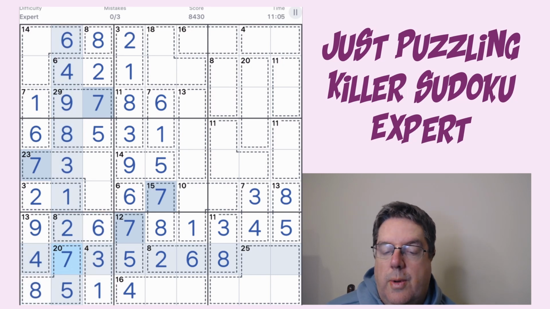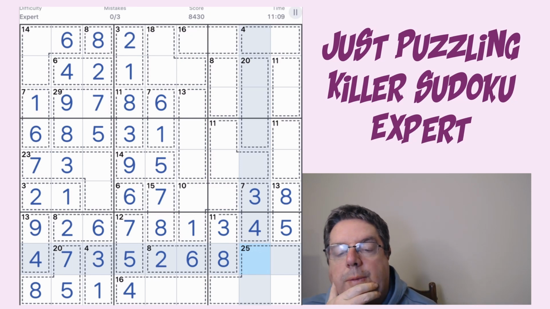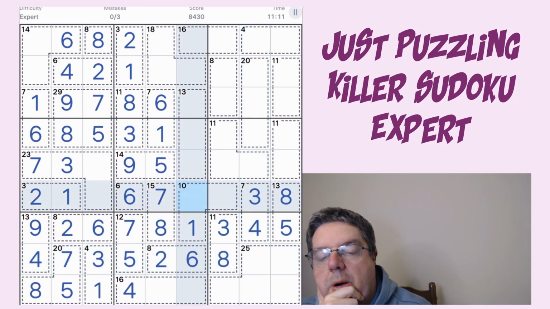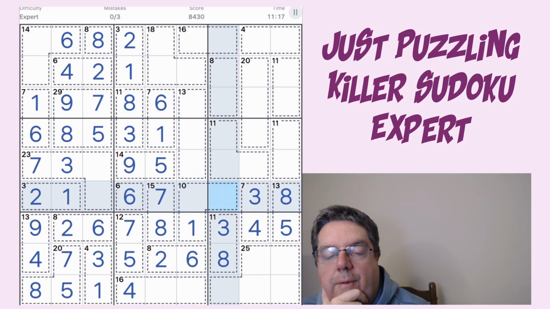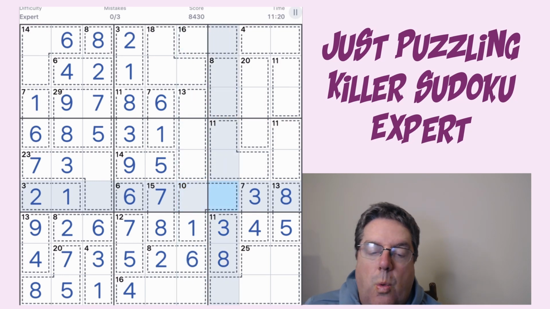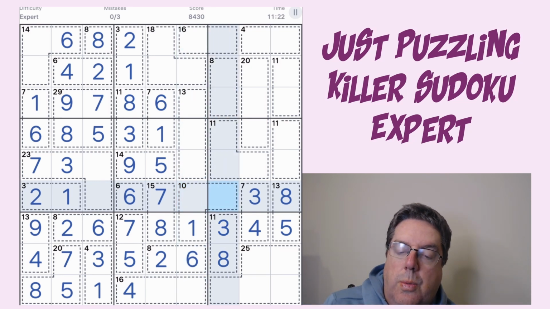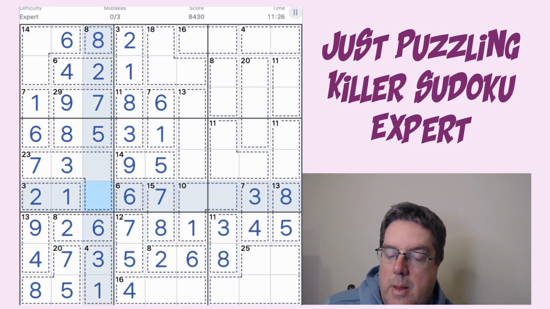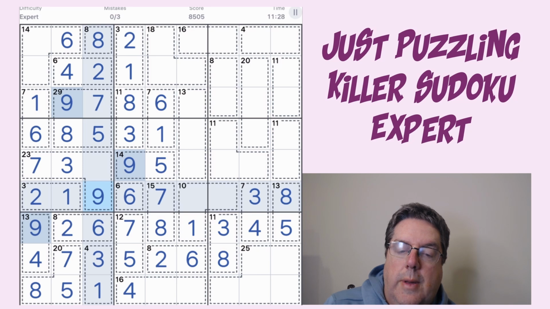So 1, 2, 3, 4. So this is 1 and 9 across here. For this to be 9, it can't be 1 because that's there. Can't be 2 and 7. Can't be 6 and 3. So this is 5 and 4. If that's 5 and 4, this is going to be 1, 2, 3, 4, 5, 6, 7, 8, 9. 9 there, leaving that to be the 4.